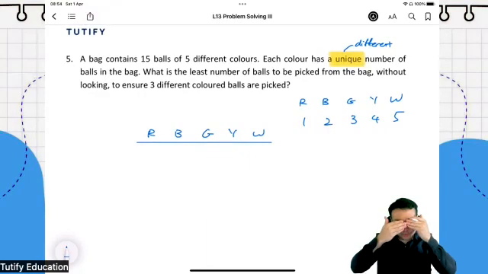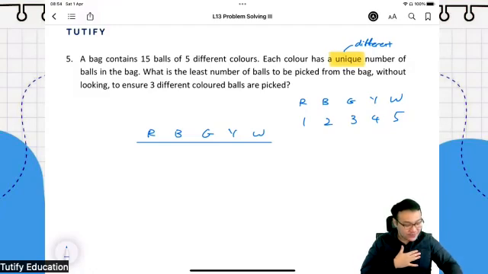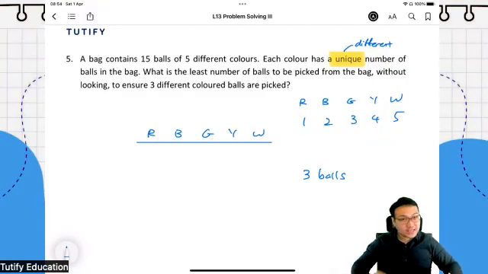Let's say you don't look. You cannot choose what color you're taking. And let's say I decided to take 3 balls. So if I'm very lucky, what will happen? Let me ask Zicheng.